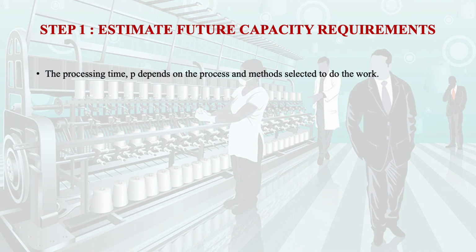Now, when we are talking about estimating the future demand and we know the formula, the processing time P depends on the process and the method selected. The term P is estimated from the established work standard, and that is a very standard term for how we calculate the standard time.